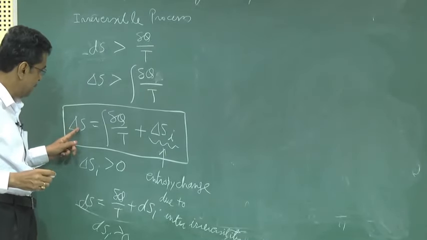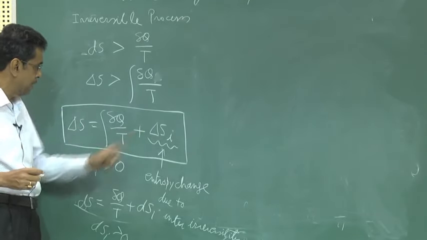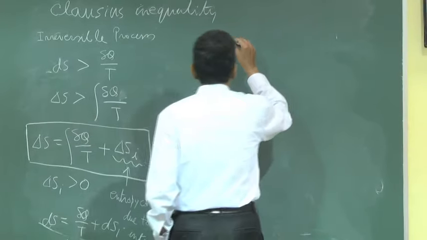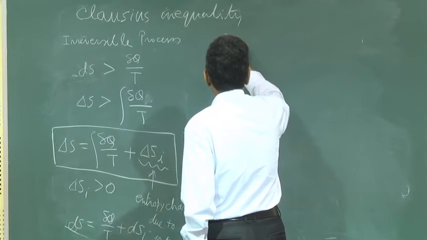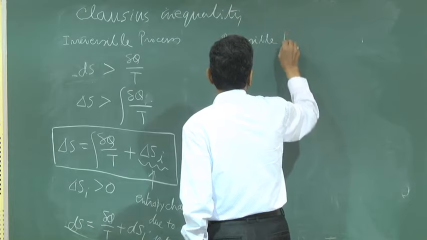The delta s in a process, the change in entropy, is the integral of delta q by t plus delta si. Now, consider certain special cases. For example, a reversible heat transfer process.